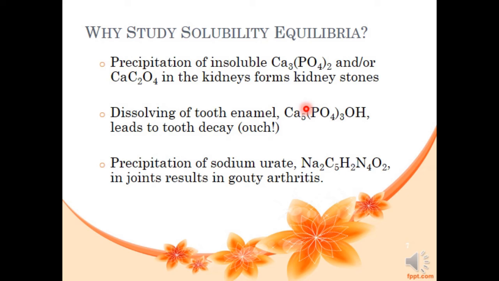Because the hydroxide is used up by the bacteria, it will drive the equilibrium to the right. Because this one has been used up by the bacteria, the equilibrium shifts to the right, so more of this will dissolve, and you don't want that to happen.